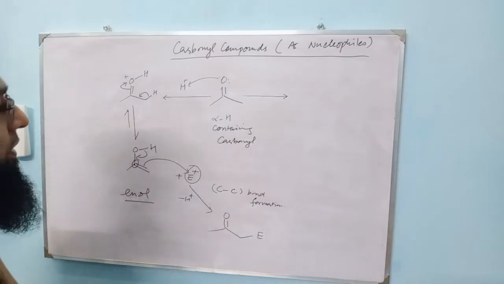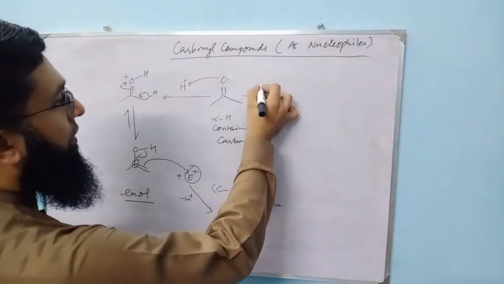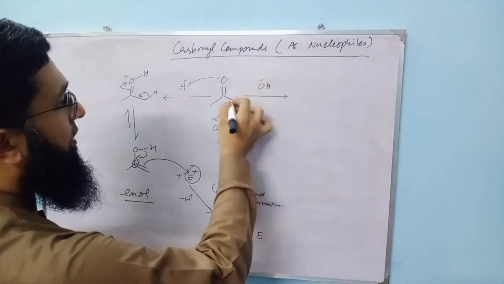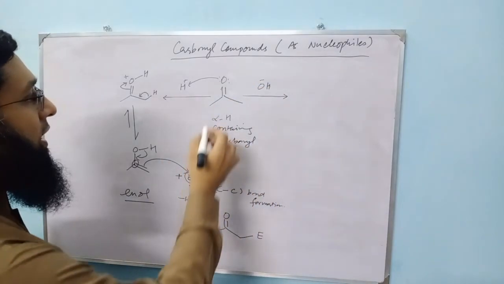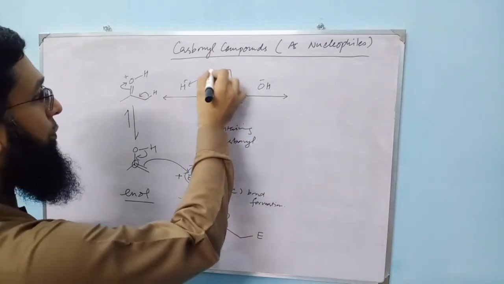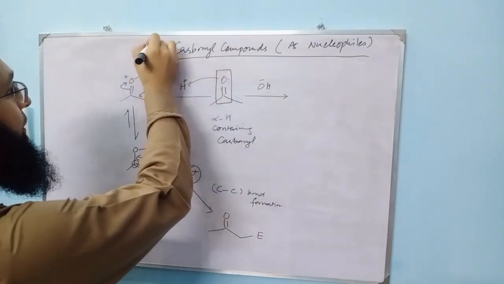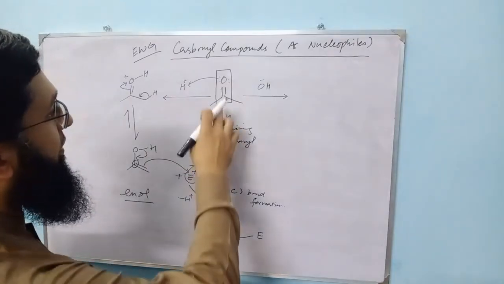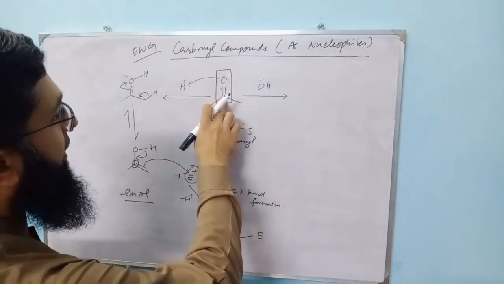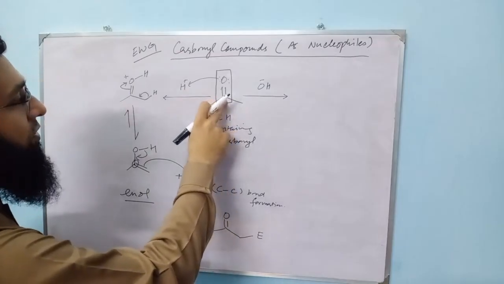And if we add a base, for example OH negative, to this carbonyl, and because it contains alpha hydrogen and this carbonyl group is an electron withdrawing group, because oxygen is an electronegative atom, it pulls electrons towards itself and carbon gets partial positive charge.